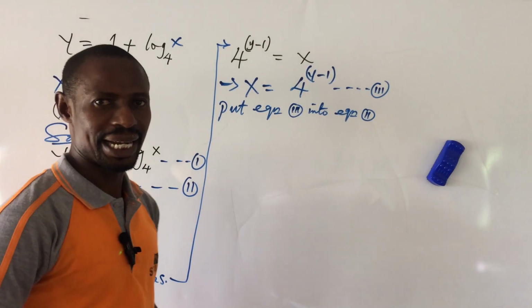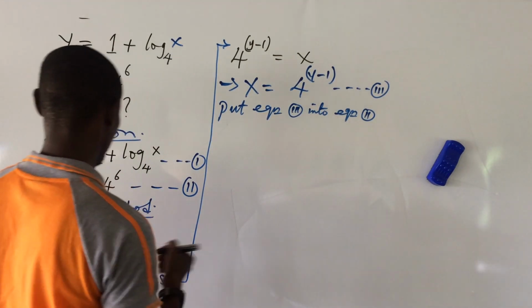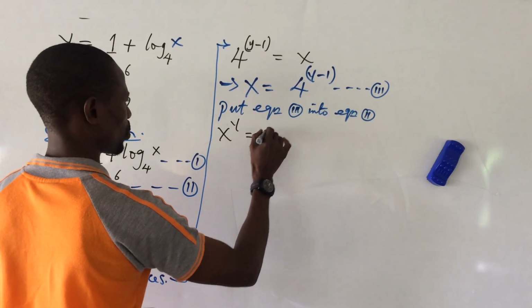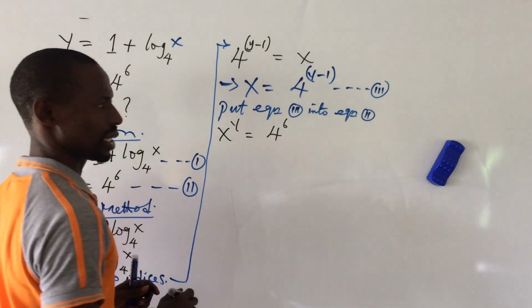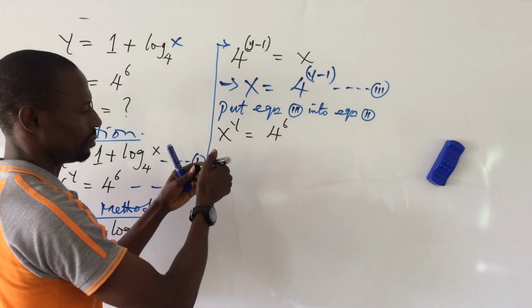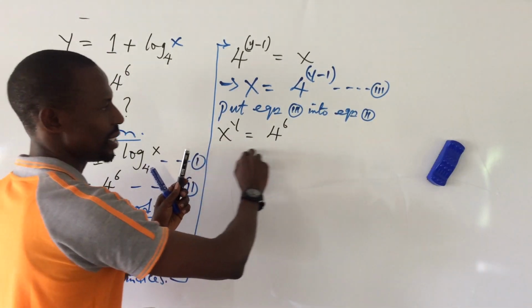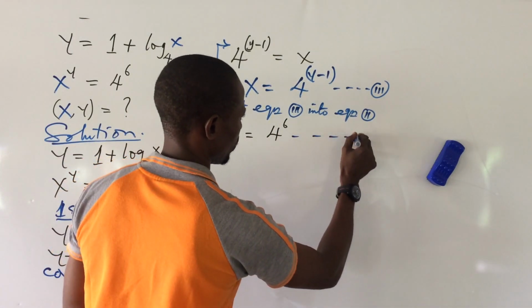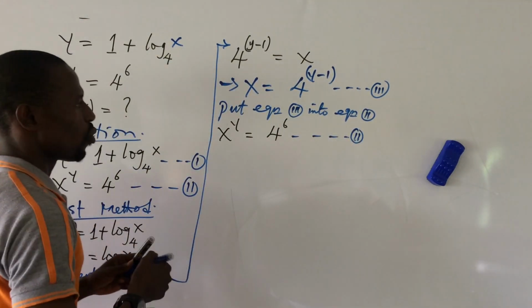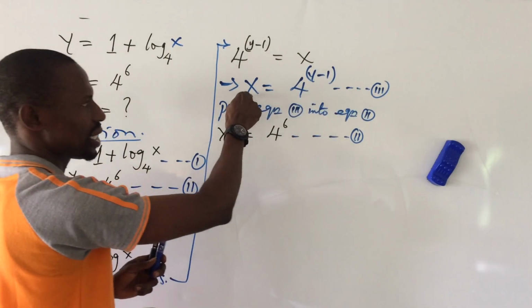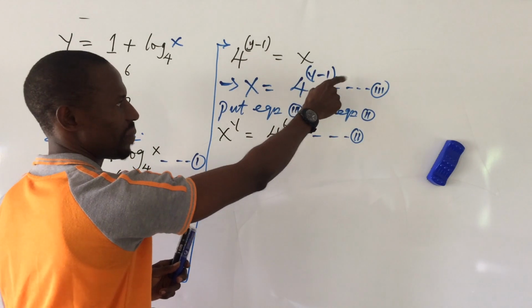We go ahead and write down our equation 2. Our equation 2 says that x to the power of y equal to 4 to the power of 6. Wherever we see x in equation 2, we put in equation 3, which is x equal to 4 to the power of (y minus 1).